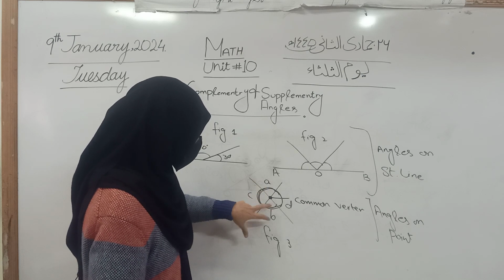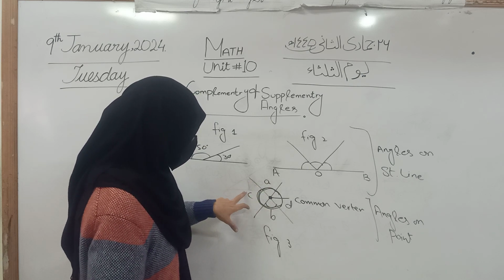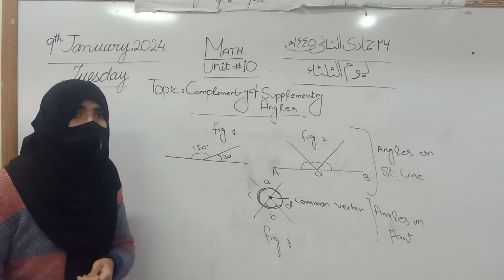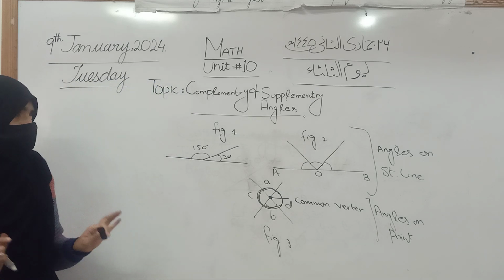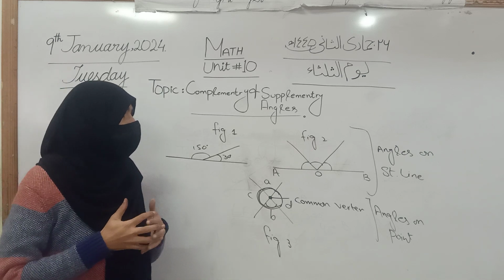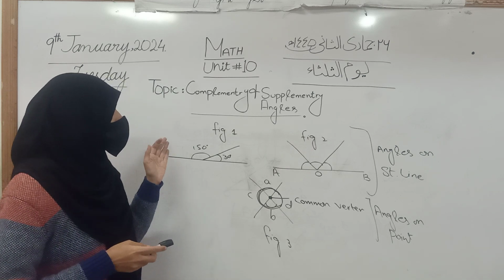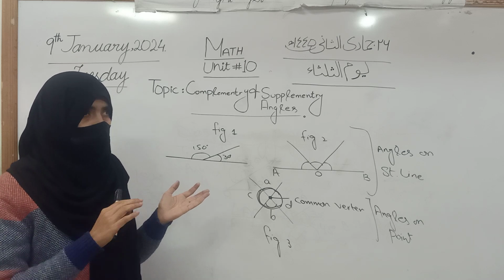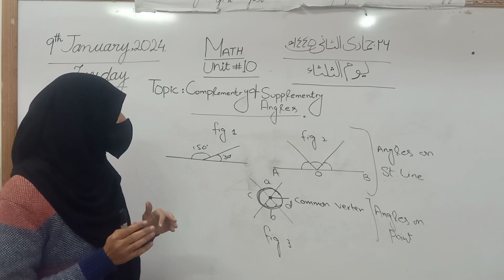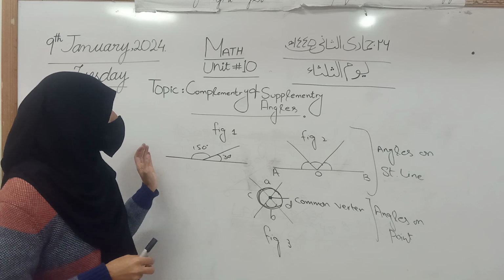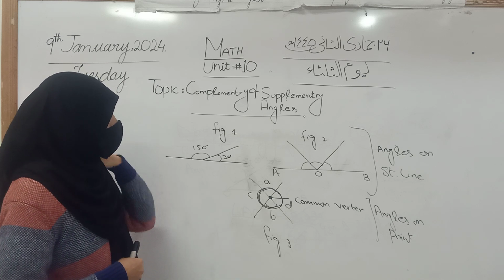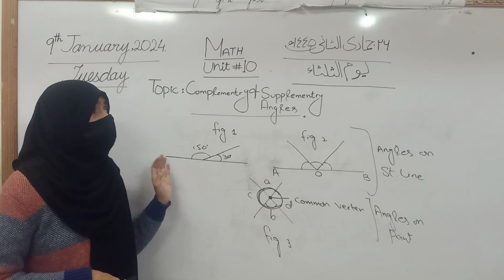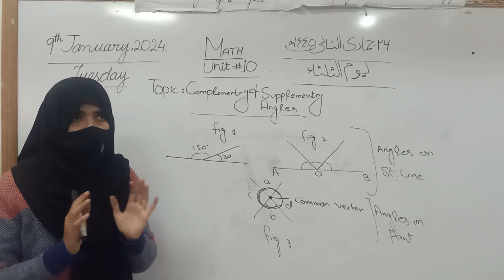A is opposite to B, B is opposite to A, and C is opposite to D, and D is opposite to C. Yes, is it clear to all of you? In today's topic, this is all about complementary and supplementary angles. Okay, we have discussed the difference between complementary and supplementary angles, and further we have discussed different figures, angles on straight lines, angles at points. Okay, now you have to remember all these things.